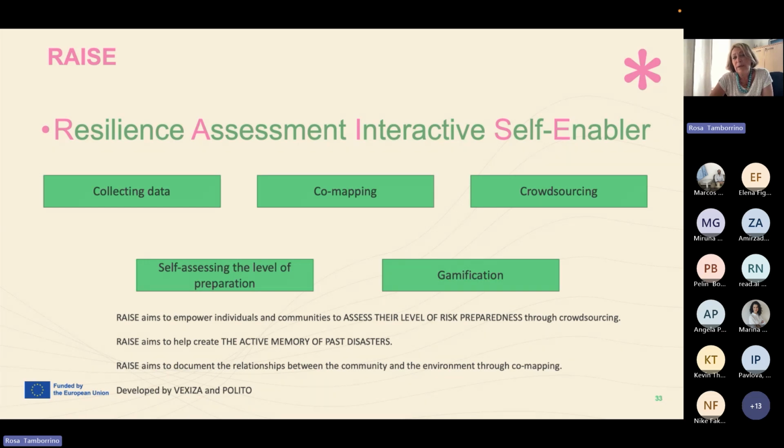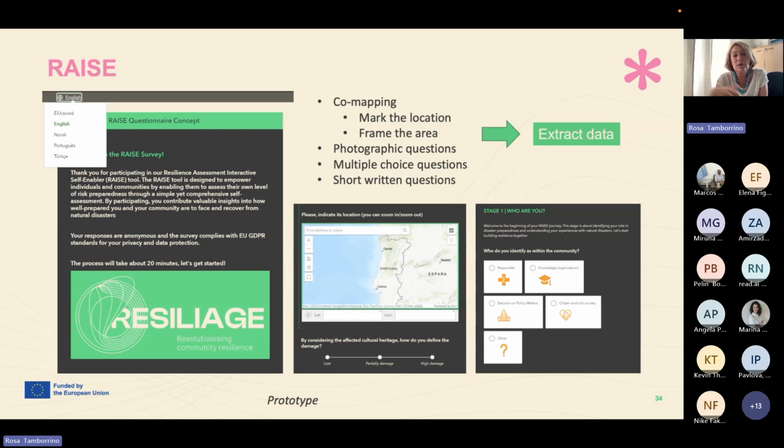This is one of our tools. Now it is a prototype. It is a resilience assessment, interactive and self-enabled, that also includes a gamification part, but also co-mapping, crowdsourcing, and self-assessing the level of preparation. So they provide different kinds of support in extracting information, and also in a way assessing the different kinds of awareness, also at the individual level.